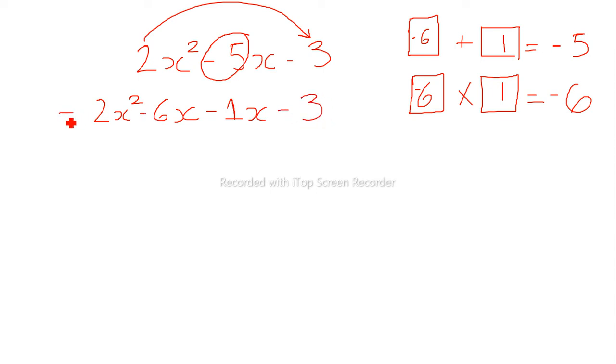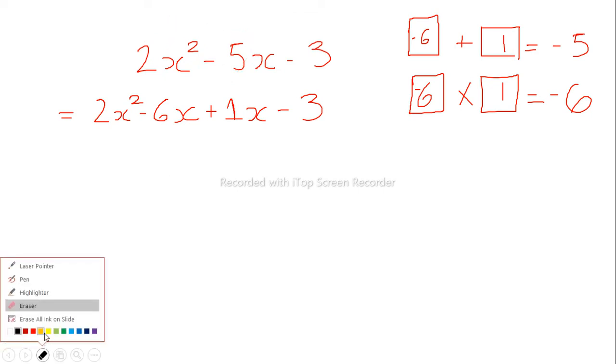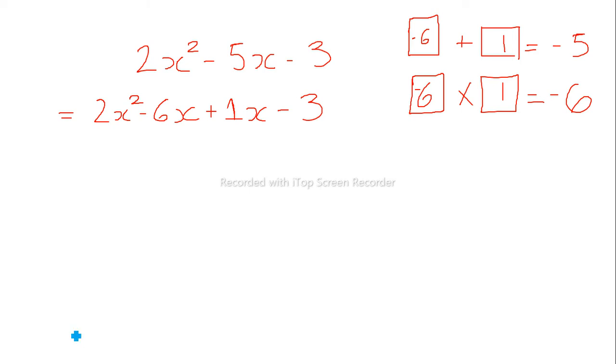Negative 6 plus 1 is negative 5. You see that? Okay, good.